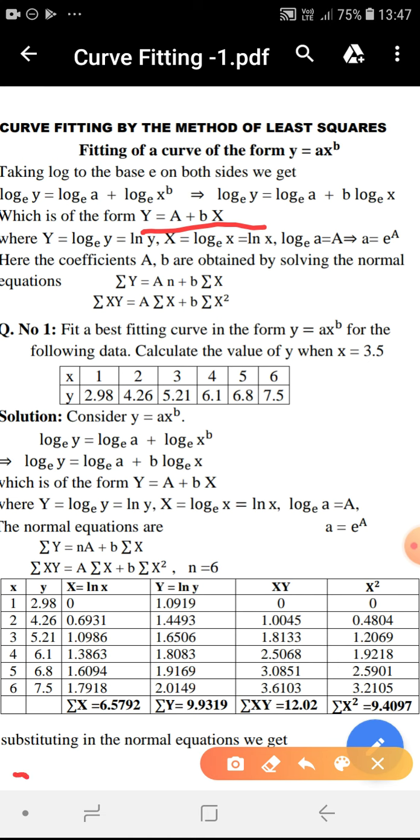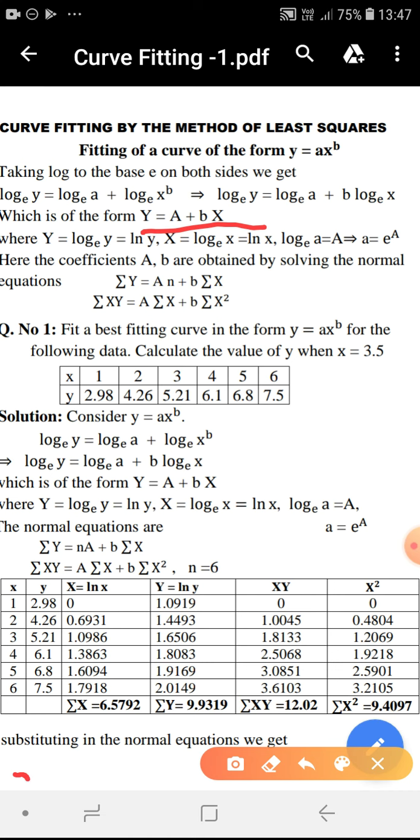We have already seen fitting of a straight line, and there we have seen how to find the coefficients. So here, to find the coefficients of this straight line, that is capital letter A and small letter b, we have to form the normal equations. To write the first normal equation, attach a sigma symbol to each term on both sides.